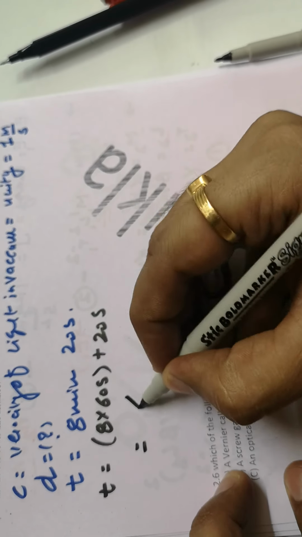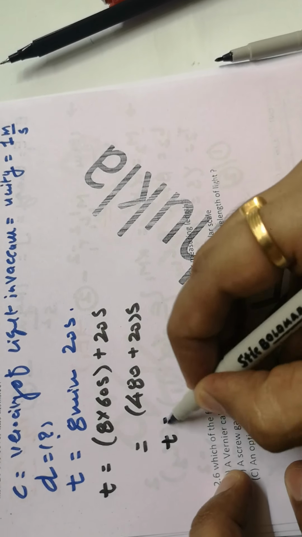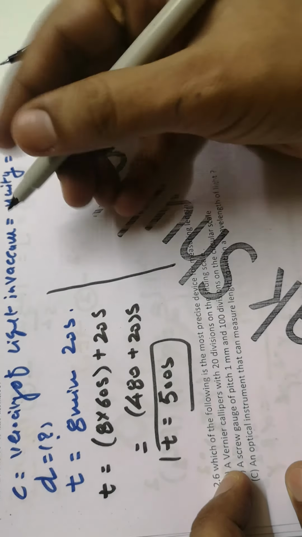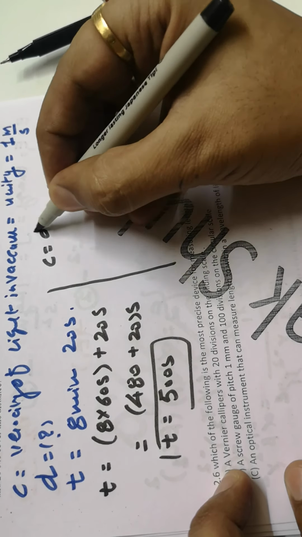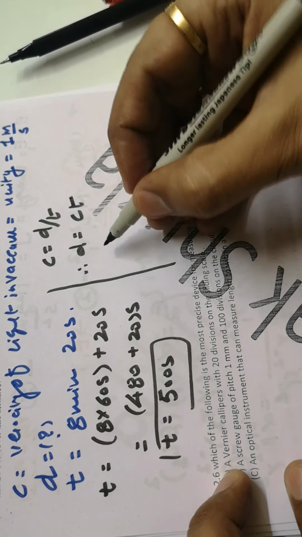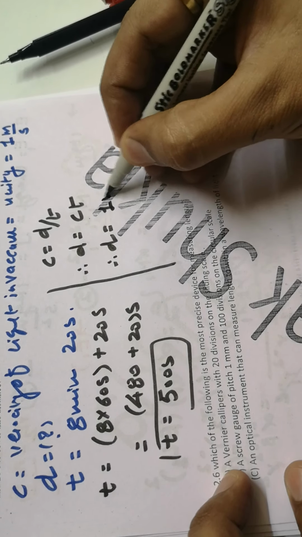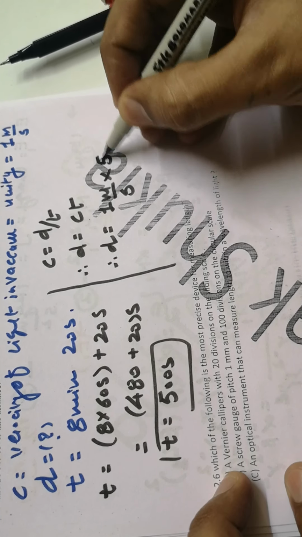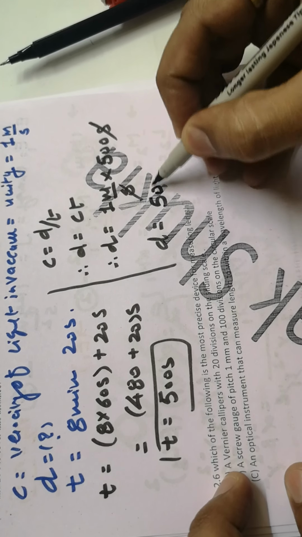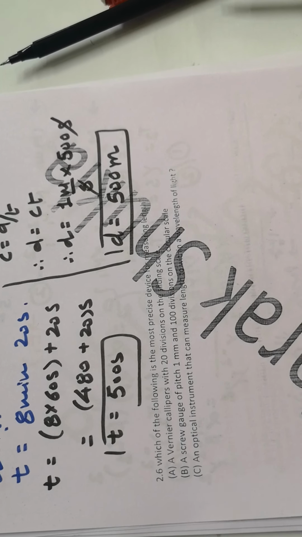That is 480 seconds plus 20 seconds, so the time is 500 seconds. I want to find the distance, and the equation is c = d/t, so d = ct. As per the data c's value is 1 meter per second and the time is 500 seconds. Seconds will cancel out, as I have told you that from such a method you can also find the data. This is the distance: 500 meters.